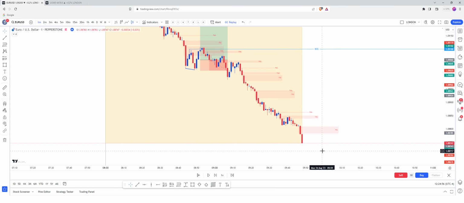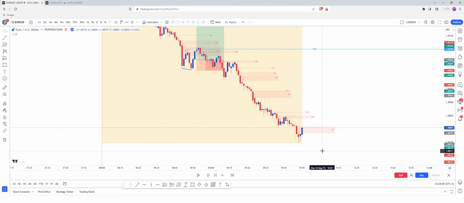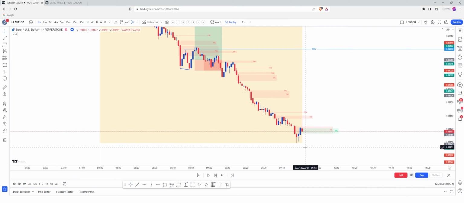Aggressive move down. And then an aggressive buyback. So this is a cleaner bit of price action than this, I hope you can see. We've got one single push down, quite an aggressive push down, and then an aggressive buyback, as opposed to this relative equal lows and a small buyback there.